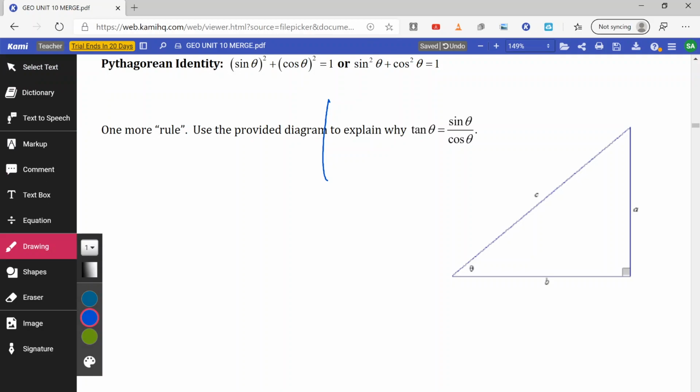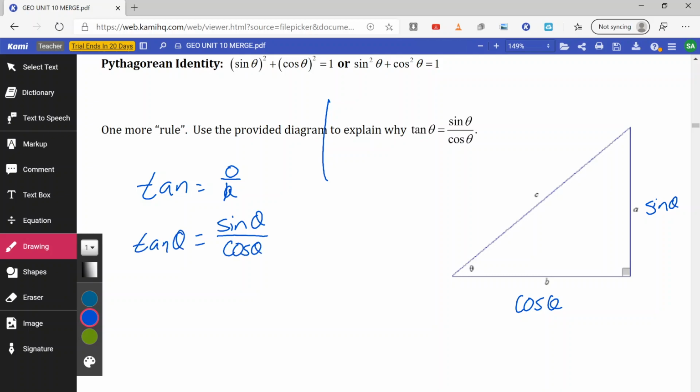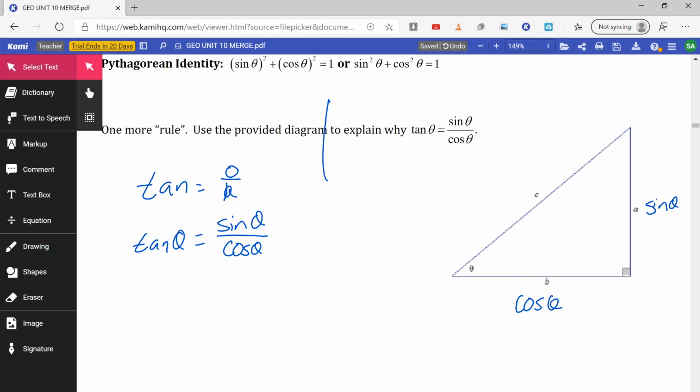The one across from theta is going to be sine of theta, and then the adjacent side is going to be cosine theta. And again, tangent being opposite over adjacent, opposite is sine of theta, and the adjacent side is cosine theta. So we can use that to our advantage as well, if need be.